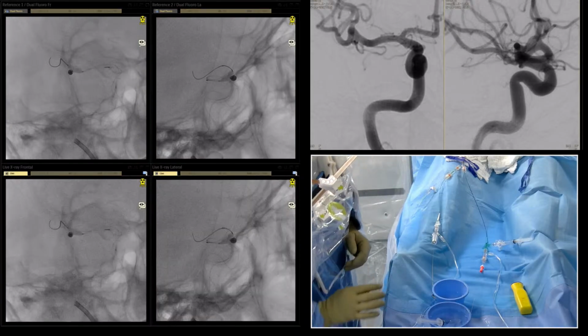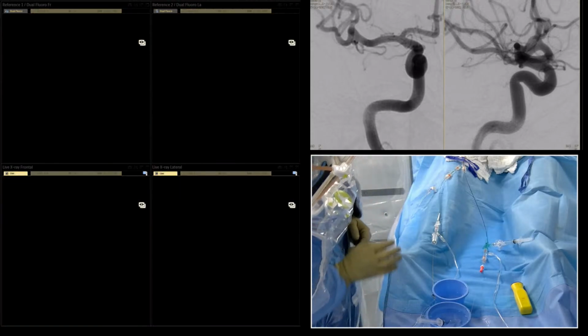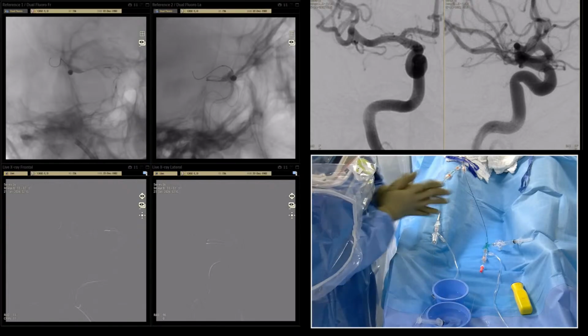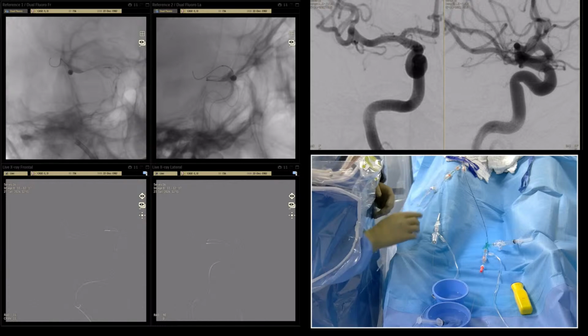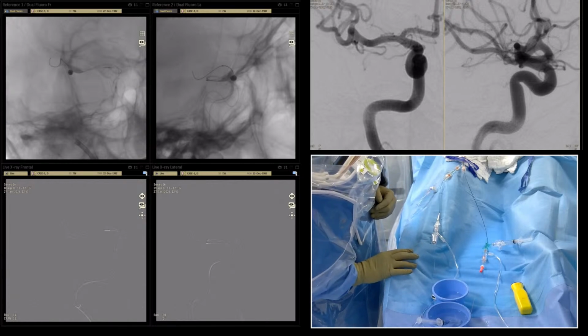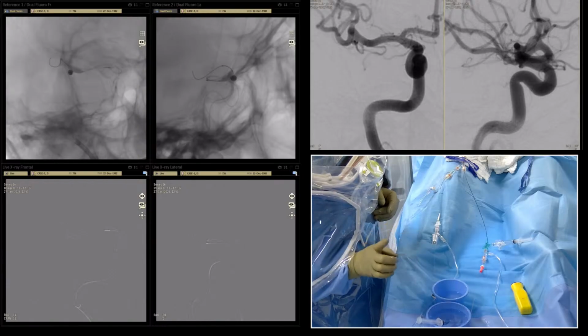Put the smart mask on, but it's not accurate. As after this coiling, we will do the control CT. We'll check the situation. Then we will go to the Basilar. We'll do the 3D angiography.